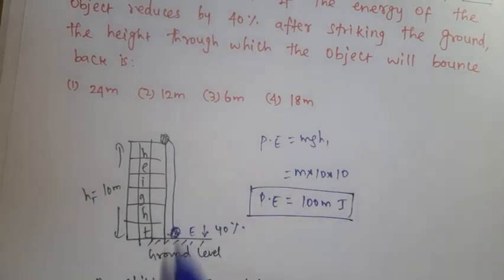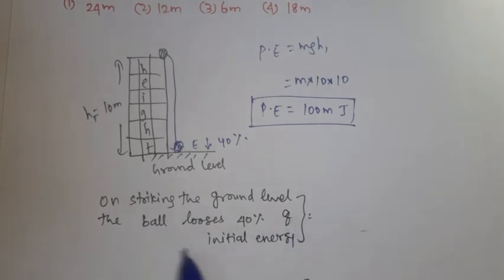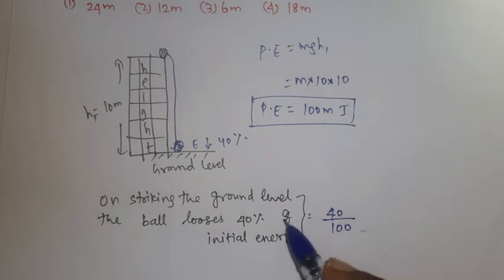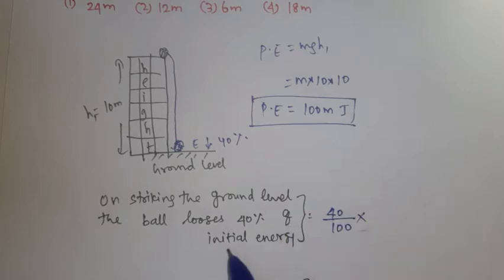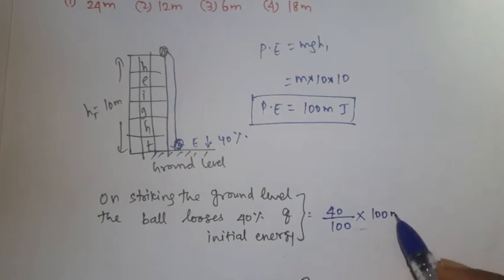So that is the initial potential energy. On striking the ground level, the ball loses 40% of the initial energy. 40% of the initial energy means 40 percent multiplied by the initial energy. The initial energy is 100 m joule.